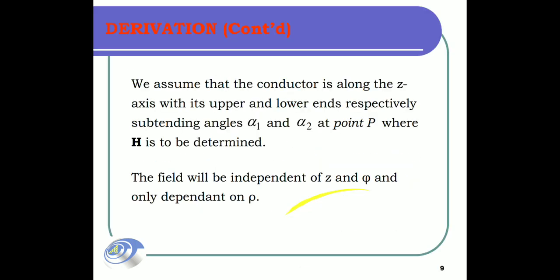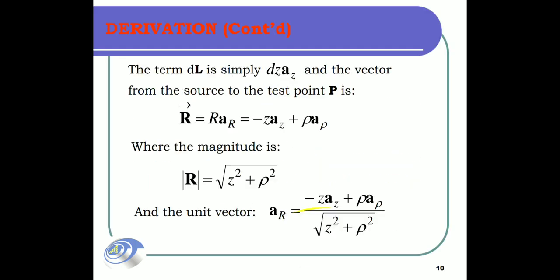So a r12 is equal to r12 upon the magnitude of r12. This r vector I can write as minus z az plus rho a rho, which I can also call r into ar.